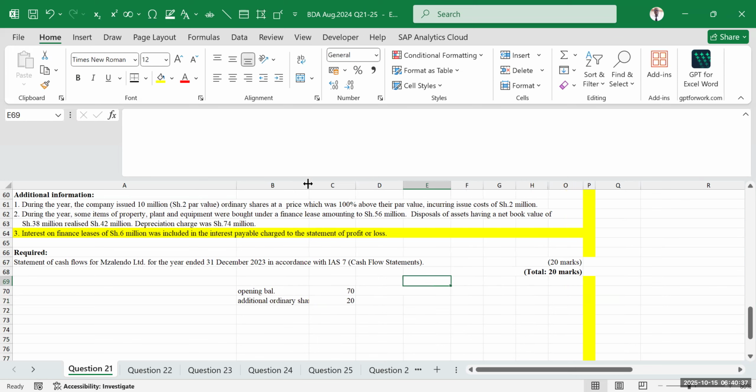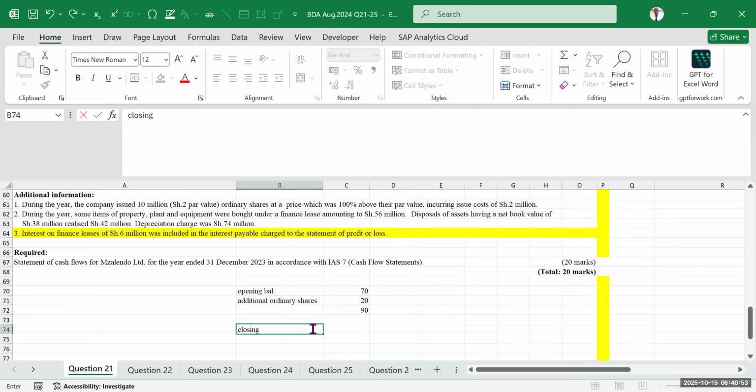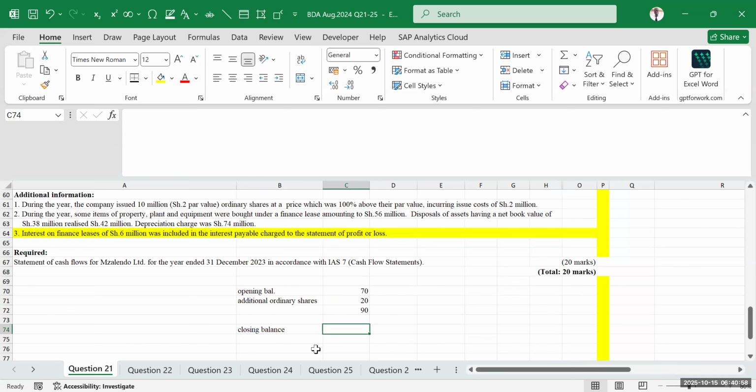Then compare it to 88. Do we compare 20, or the total of 70 and 20? The total. The total is 90. Very good. And then you compare with the closing balance, which is 88. So when we compare, what does the difference portend?